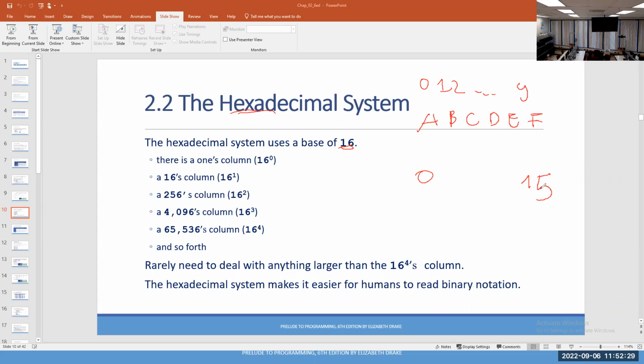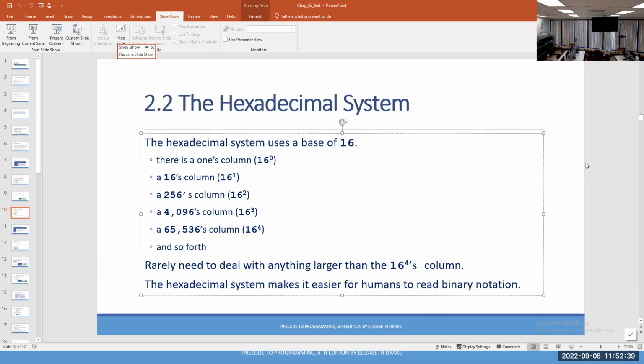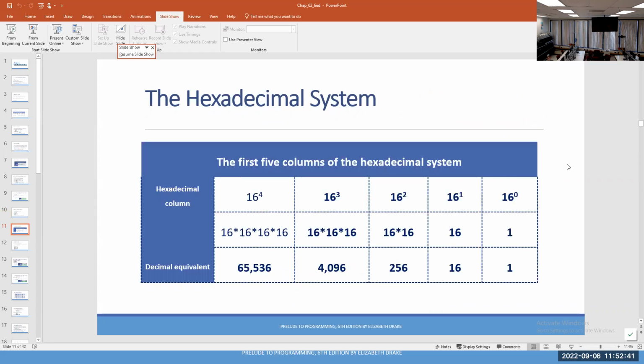So the way it works is quite the same. It also works with the column value, right? The first column here is always 0, the second column number 1, number 2, number 3, and number 4, and so on.